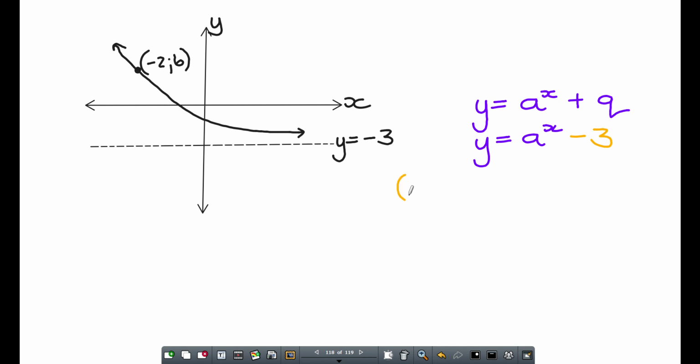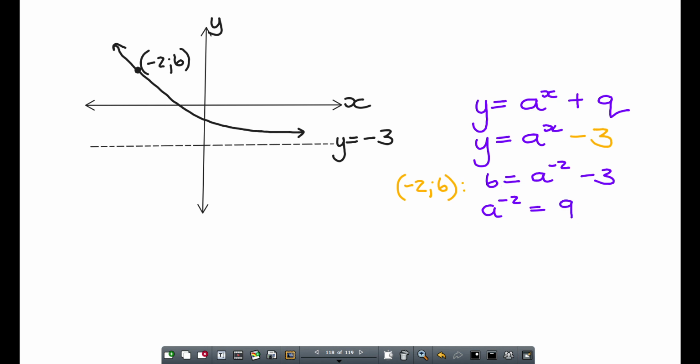The point we have is where x is minus 2 and y is 6. So you have 6 is equal to a to the power of minus 2, and then minus 3. So let's take that minus 3 over, which means it's going to be plus 3, in other words it is 9.